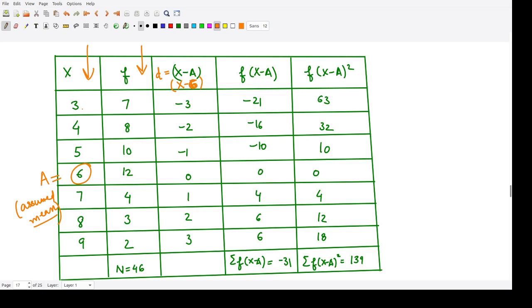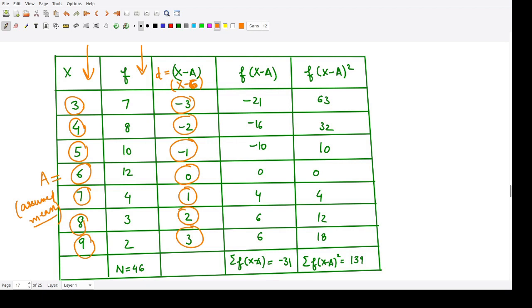So 3 minus 6, that is minus 3, 4 minus 6, that is minus 2, 5 minus 6, that is minus 1, 6 minus 6, that is 0, 7 minus 6, that is 1, 8 minus 6, that is 2, then 9 minus 6, that is 3. Okay, this is our d.